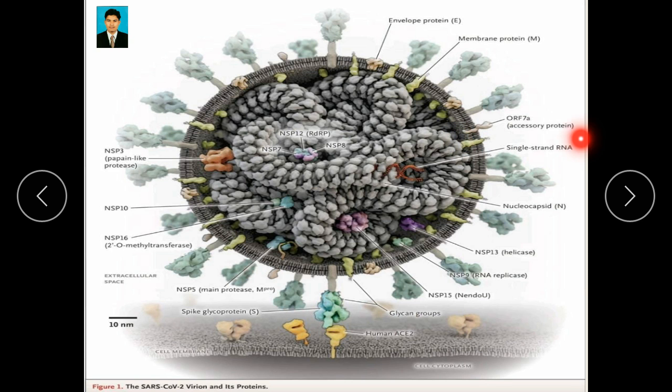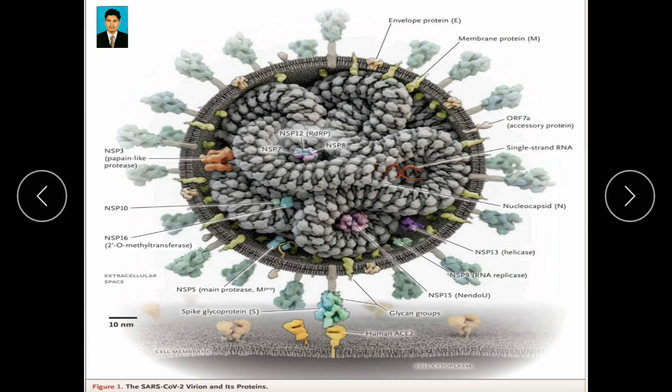So it is a single-stranded RNA virus, we have discussed that. This is the virus which is covered by the nucleocapsid. These small capsomers cover the nucleic acid of the virus, that is the single-stranded RNA. It also contains the helicase, that is for DNA breakdown.